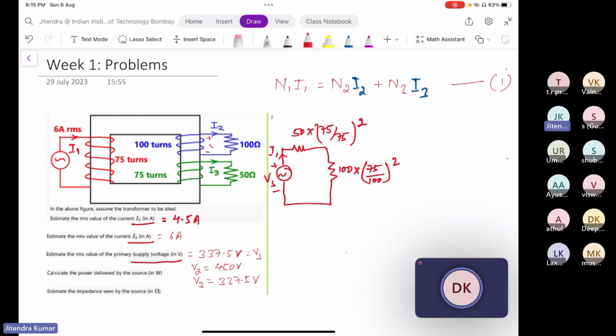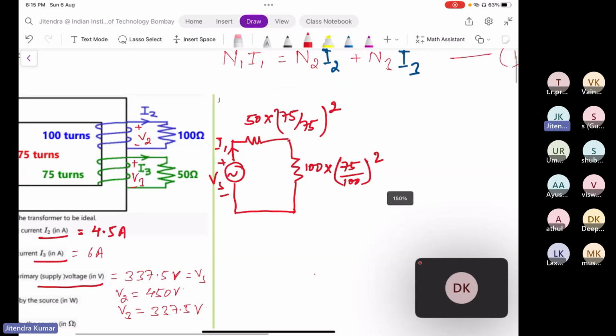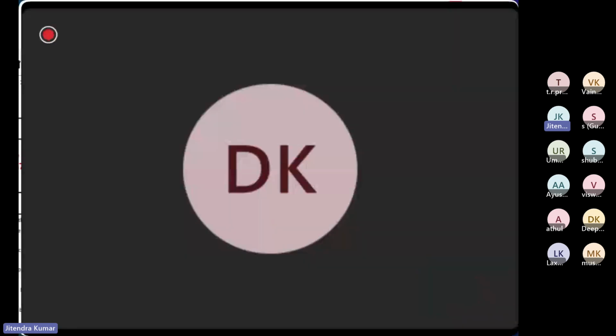Then V2 by V3 is equal to 100 by 75. And V2 is equal to I2 multiplied by 100. Yeah, correct. So that's the perfect answer.